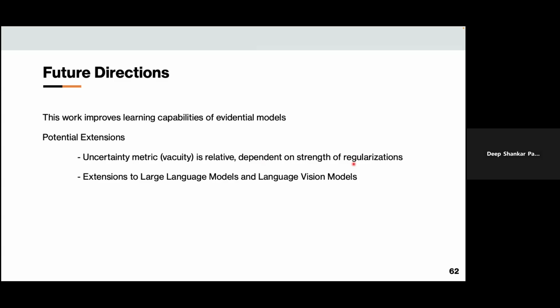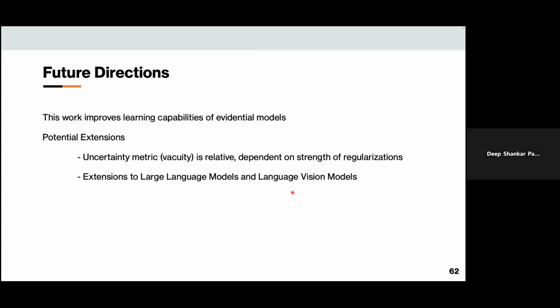Second is the extension to large language models and language vision models. So one of the issues with these large language models is they can basically hallucinate, or the outputs they give may not always be trustworthy. So we basically want to build trustworthy models with fine-grained uncertainty.